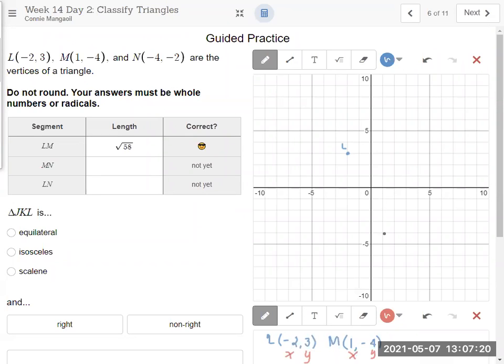So this is your point M. And then lastly, your point N is negative 4, negative 2. So 4 units left. Negative 2 means 2 units down. So that would be your point N. Okay, and then let's connect these 3 points to form the triangle.